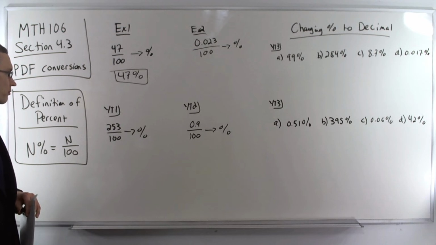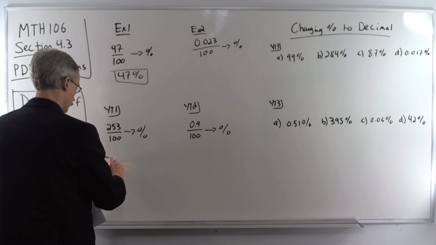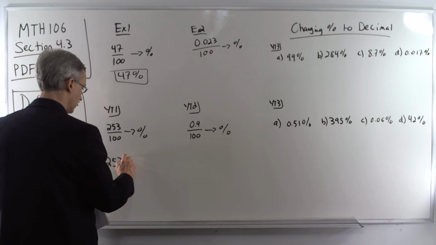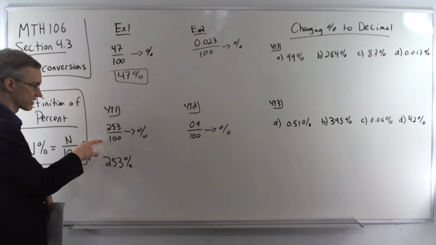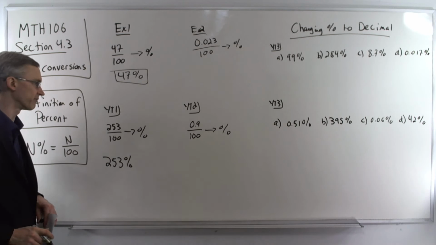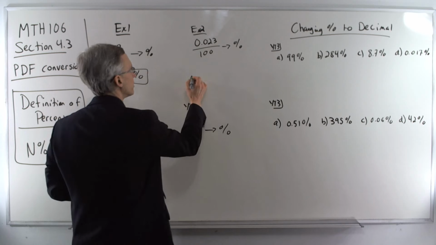Your turn, number one. Write that as a percent. Doesn't matter that it's a number over 100, it still works exactly the same way. That is 253%. And it works the same way with decimal numbers too.